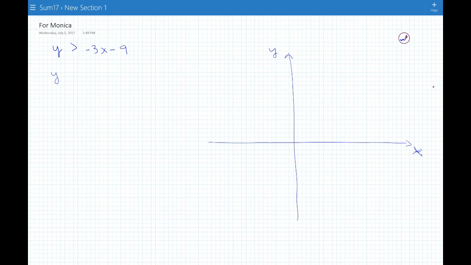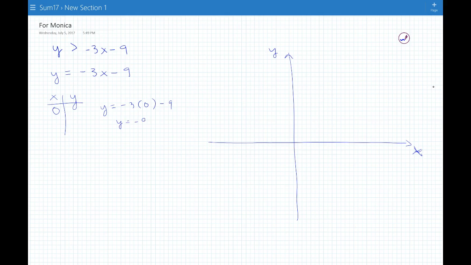So the first thing I do is write this as an equation of a line, and this is the divider between the set of points that make this inequality true and the points that make it false. So this is the divider. I write it out as an equation of a line, and this one looks easiest to me to draw by using the intercept method, where we let x equal 0 and then see what y equals.